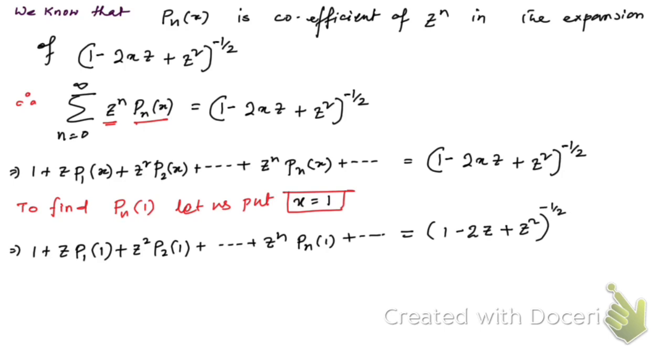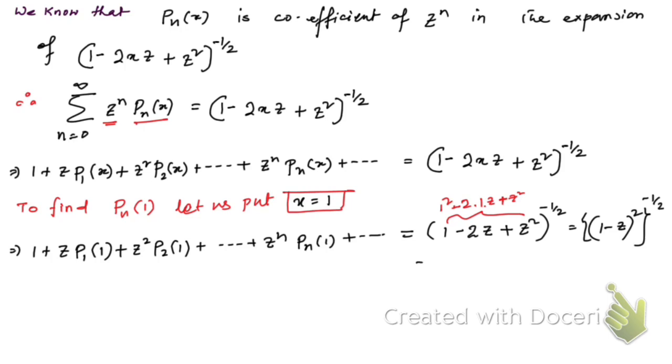Now you see, this part within the bracket is in the form 1 square minus 2 into 1 into z plus z square, which means it is (1 minus z) whole square if you apply the (a minus b) whole square formula. So we get ((1 minus z) whole square) whole to the power minus half.